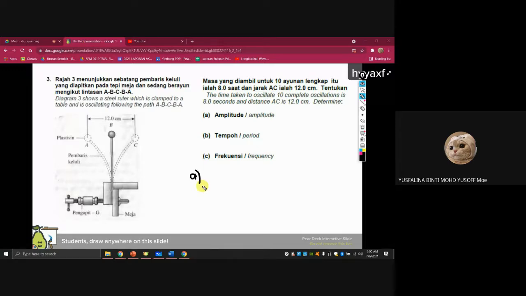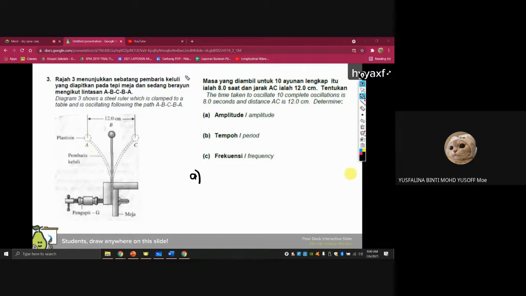It says here the time taken to oscillate 10 complete oscillations is 8 seconds and the distance AC is 12 cm. So AC is 12 cm. How do you find the amplitude?